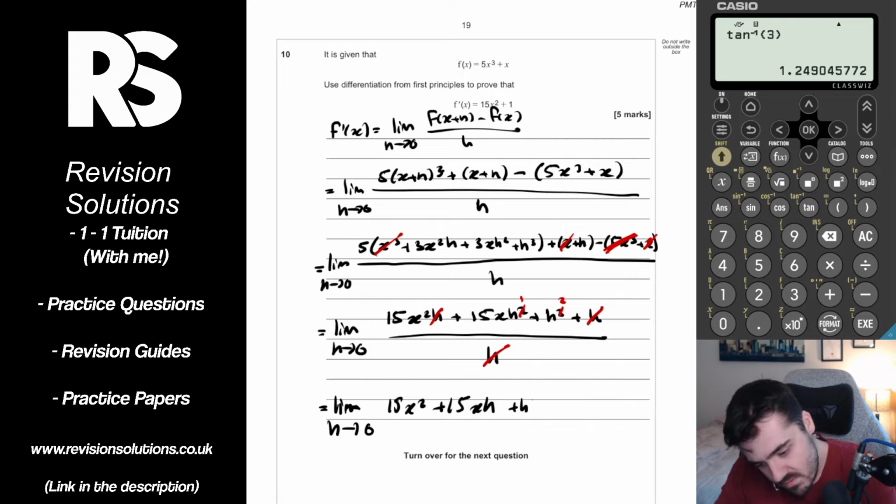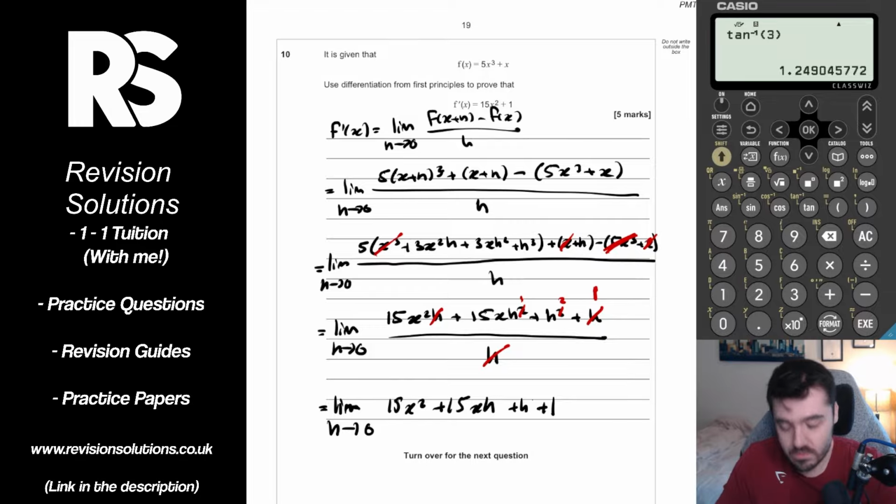Sorry, this guy should just be a 1, right, guys? H divided by h. So that's where our 1 comes from, plus 1. And then if h is tending towards 0, all the terms with an h left now just are 0, which leaves us with our final answer that we were looking for of 15x squared plus 1.